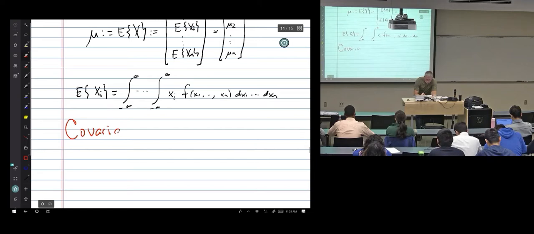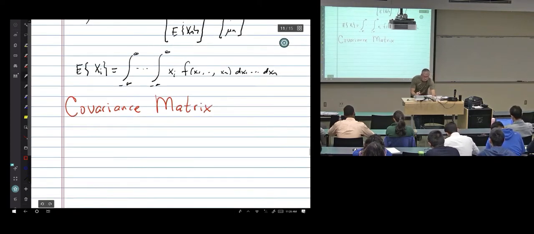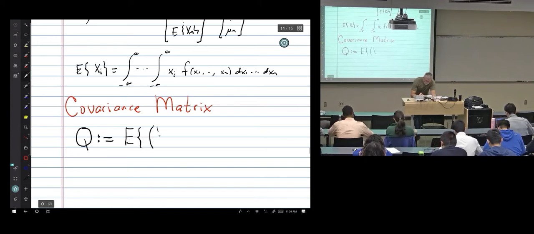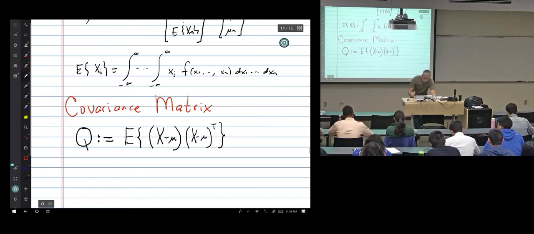And this is the key thing I need you to understand, the covariance matrix. So Q is by definition equal to the expected value of x minus its mean vector times x minus its mean vector transpose.